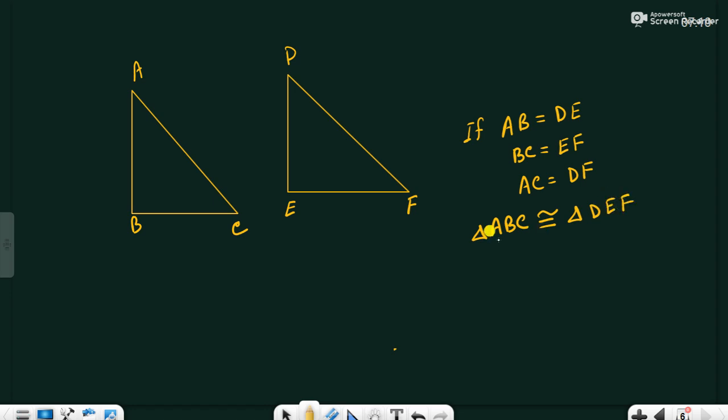If you write it this way, it is because A corresponds to D, B corresponds to E, and C corresponds to F.